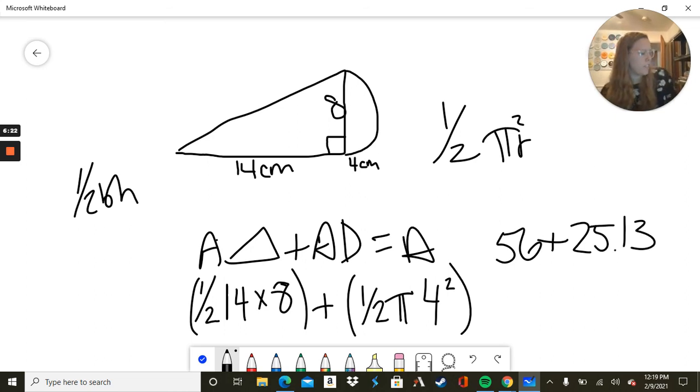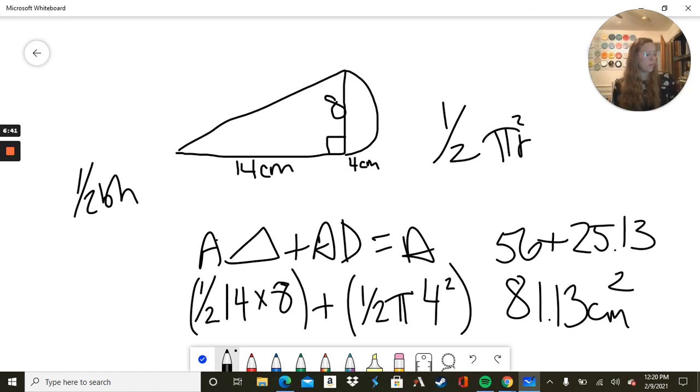So if we add those together, we end up with, well, the book rounded it to 25.12, but it's fine. 81.13 centimeters squared.